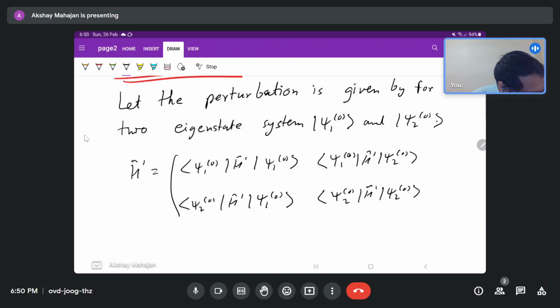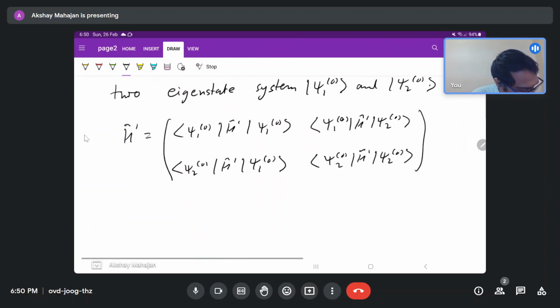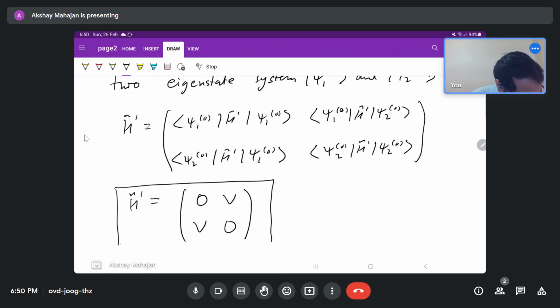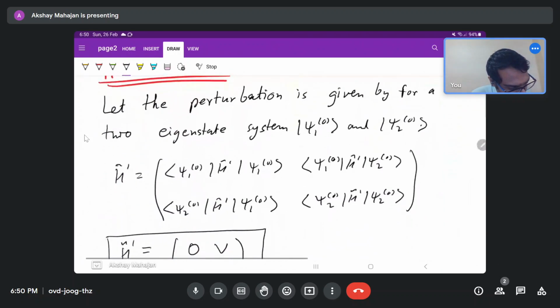That is given by our non-diagonal matrix 0 V, V 0.